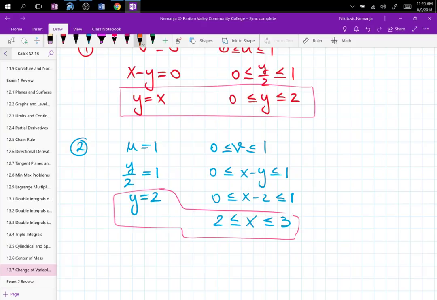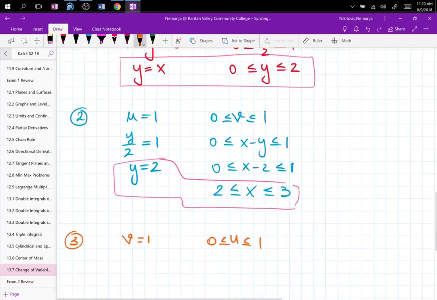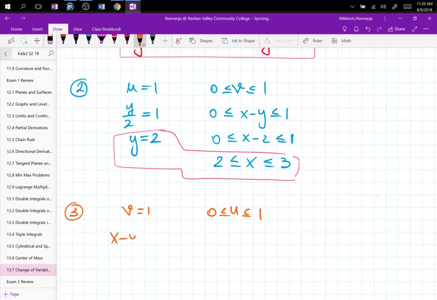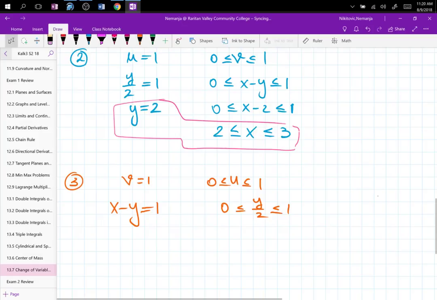Next one is orange, number 3. It was v equals 1 and u is trapped between 0 and 1. v is x minus y equals 1 and u is y over 2. So to solve this one, y equals x minus 1, right?